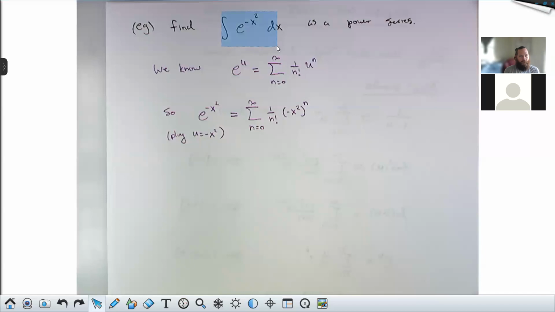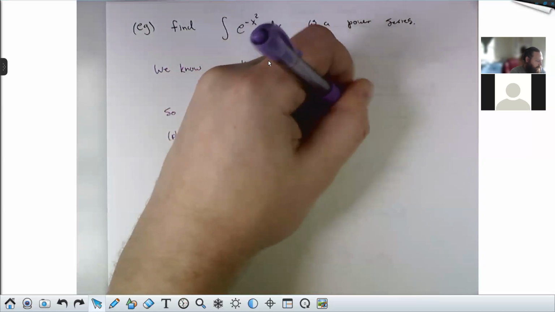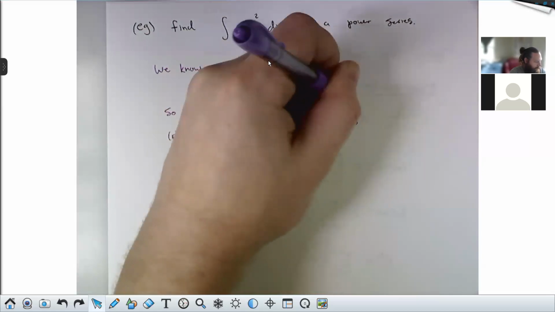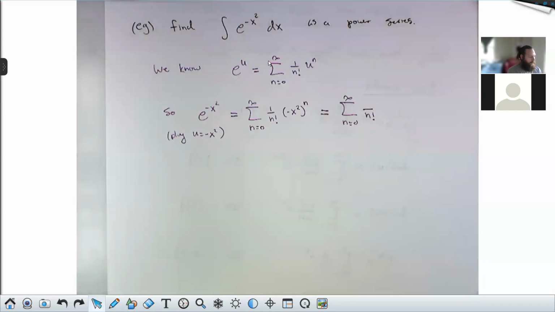My end goal is to integrate this thing. But before I do that, I really want to simplify this. My formula for the integral of a power series assumes that you just have something like x to the n, or x minus a to the n, not negative x squared to the n. So you must simplify this before doing the integral. The 1 over n factorial is going to stay, and I'll just write the n factorial downstairs.